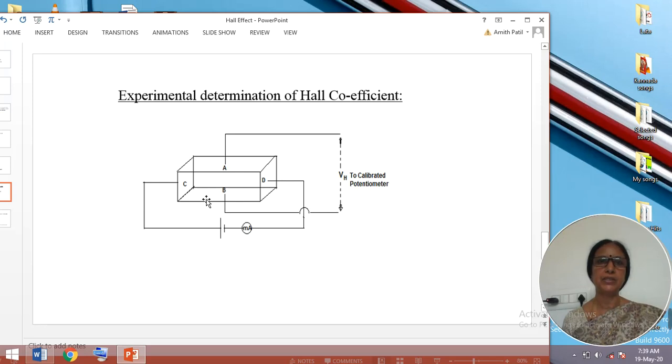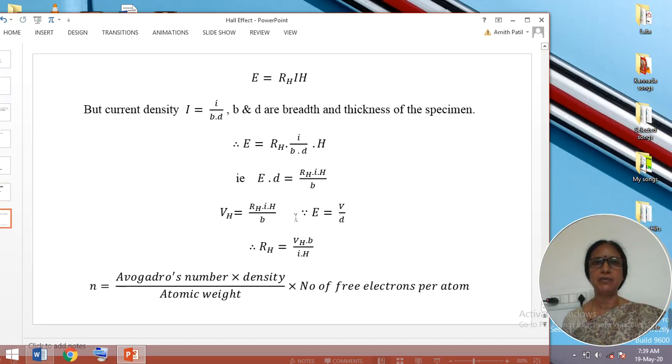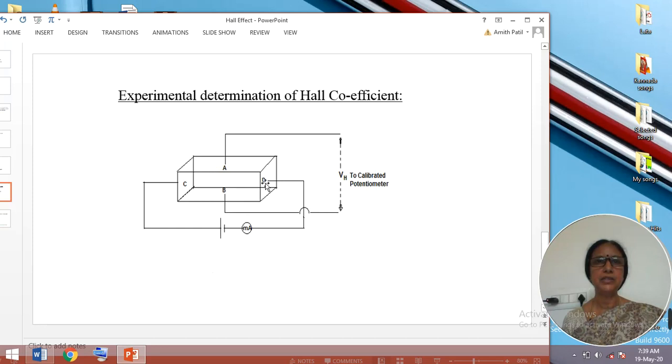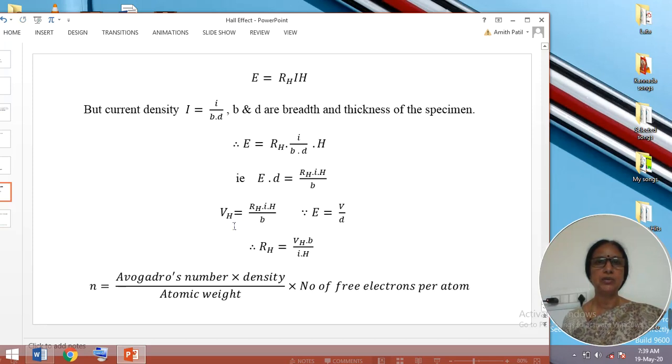The electric field developed between the plates of the capacitor is given by the expression V by D, where V is the potential developed between the plates and D is the distance between the plates. As in our experiment, these two faces are behaving as a capacitor, and the distance between them is nothing but the thickness. So I have taken E into D as the Hall voltage developed.